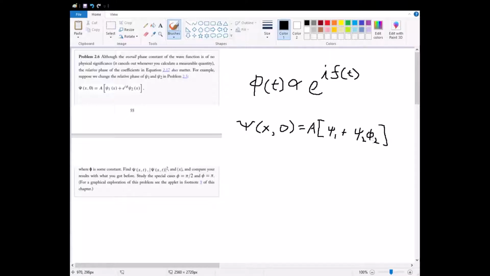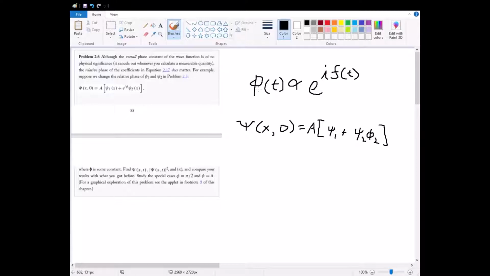So we're attaching the phase constant, or what we've been describing this entire time as the time-dependent stationary state, to psi 2 instead. And we're saying apparently this does change things in the bigger scheme of things. Whereas the overall phase, which would matter if we found the time dependency of psi of x comma t later on, won't matter, this apparently does matter.